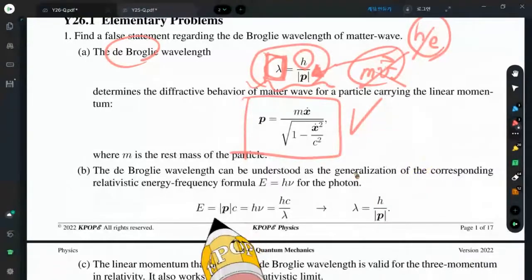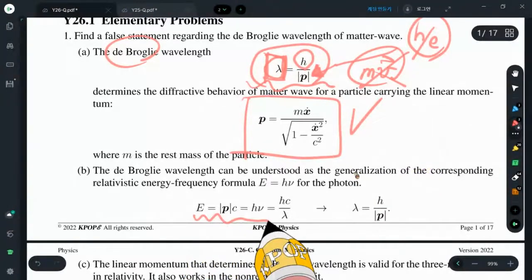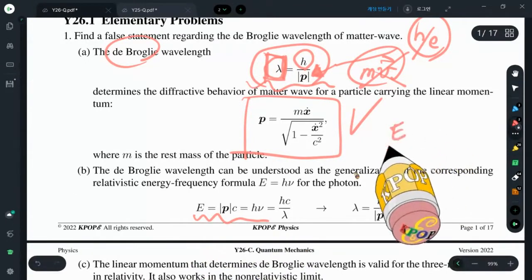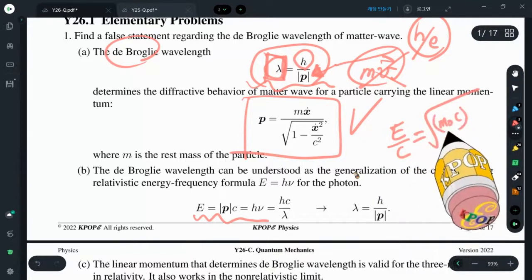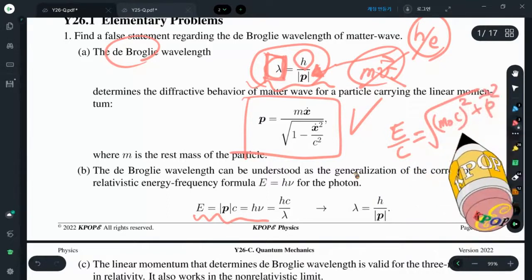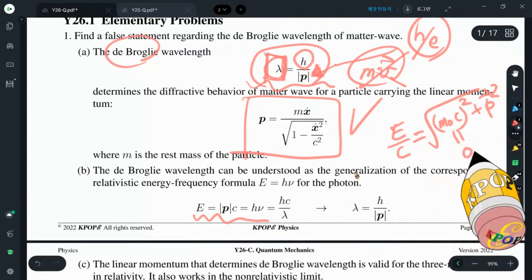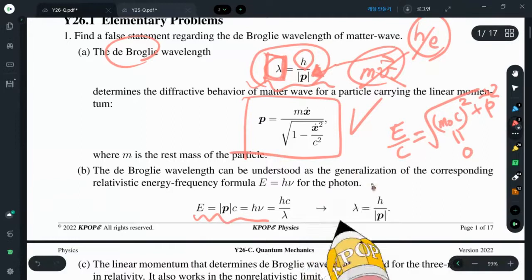In addition, the photon's energy formula began with the relativistic formula for the massless condition, by substituting rest mass equals 0. So we cannot treat the photon with non-relativistic theory. It is a completely relativistic theory. That's the beginning of quantum mechanics.